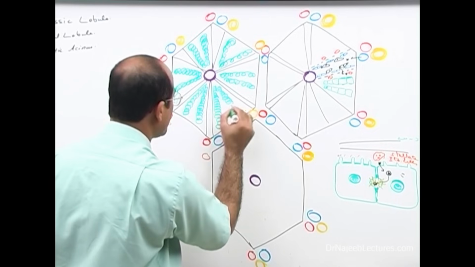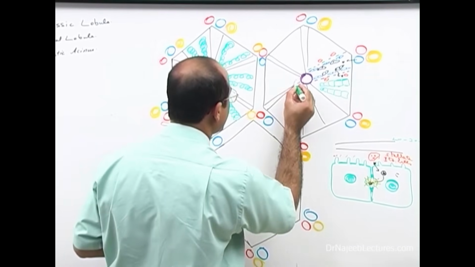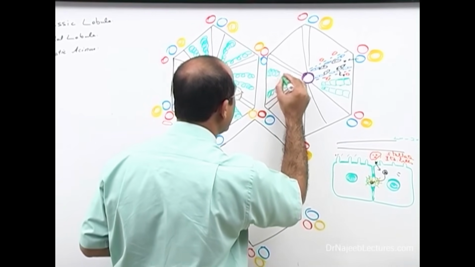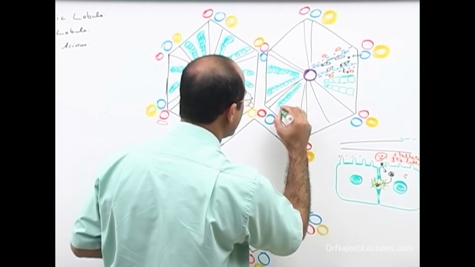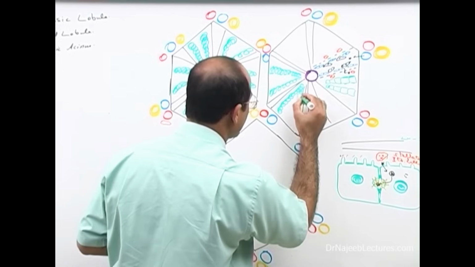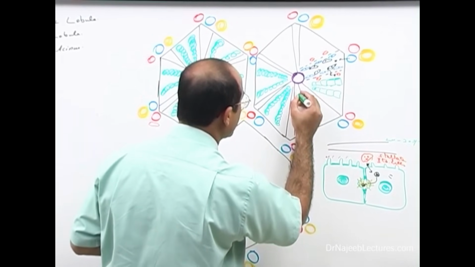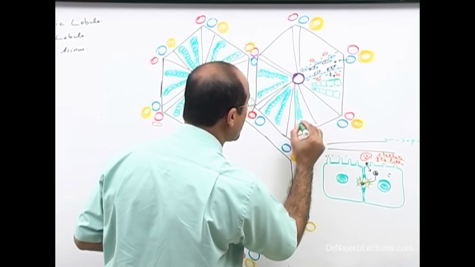And these cells are very rich in lysosomes, peroxisomes, and mitochondria, and they also have a lot of Golgi apparatus. About 50 Golgi units are present per hepatocyte. You know why? Because they are synthesizing a lot of proteins.